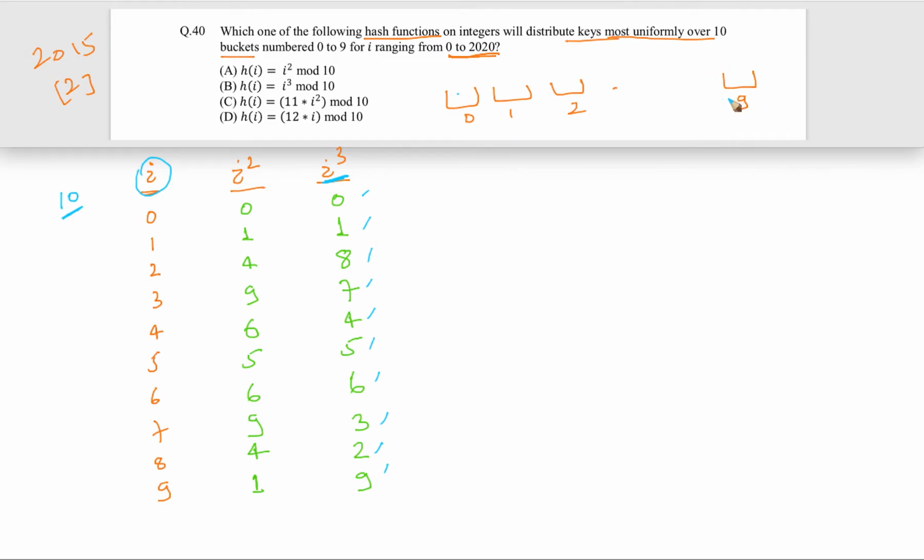Which of the following hash functions is going to distribute the keys most uniformly over 10 buckets? As of now it looks like I cube mod 10 is definitely a good one, because it is uniformly distributing the keys.